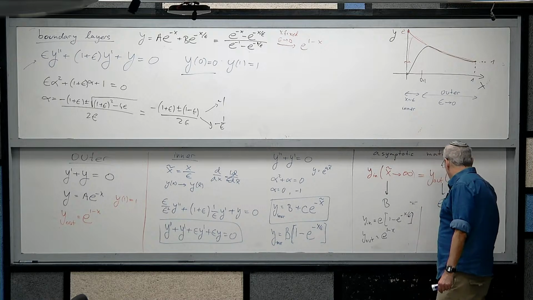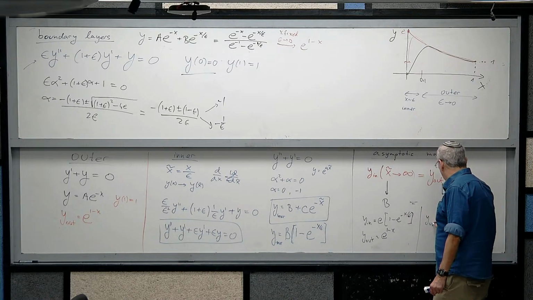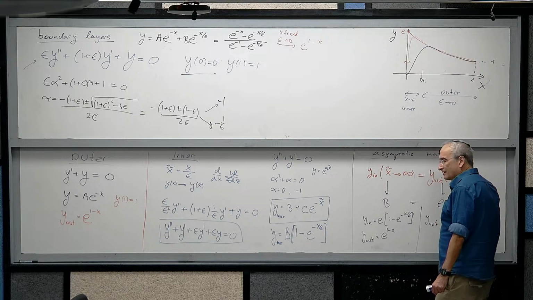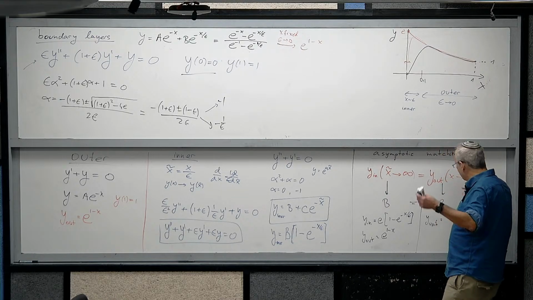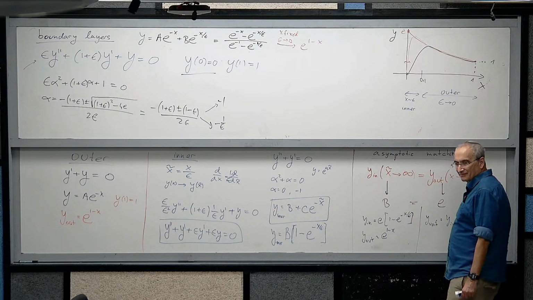Something that you can do is ask for a uniform approximation. I'm just telling you the rules: it is y in plus y out minus this constant, minus e.